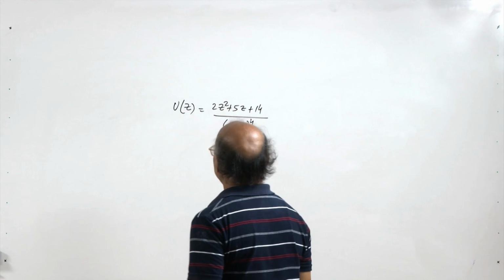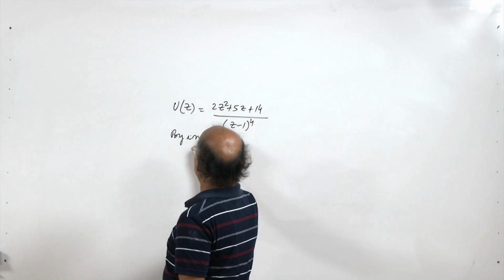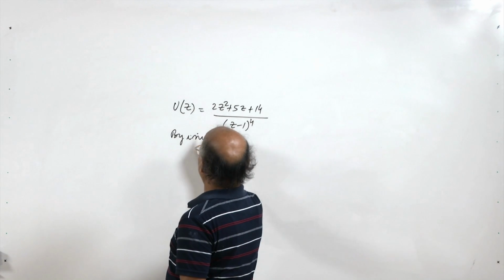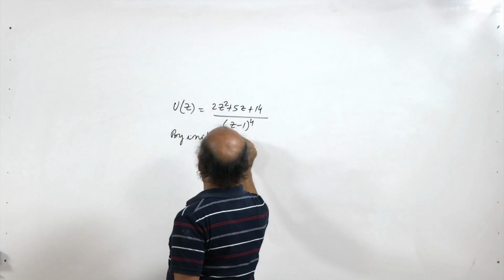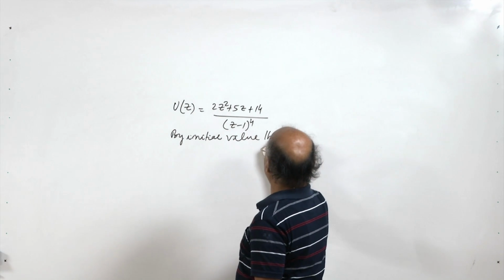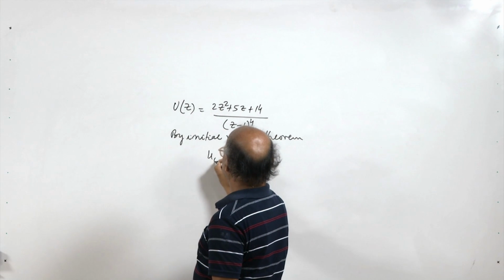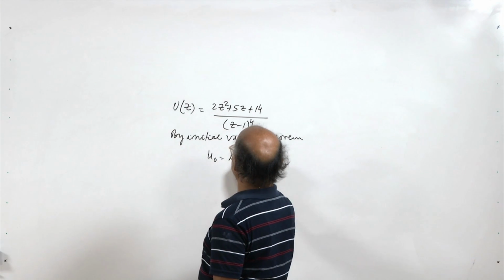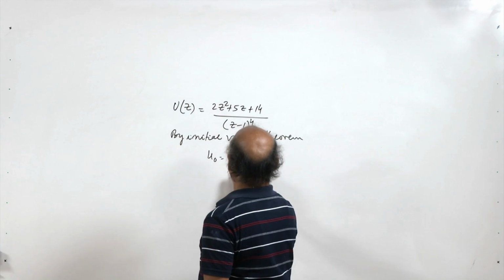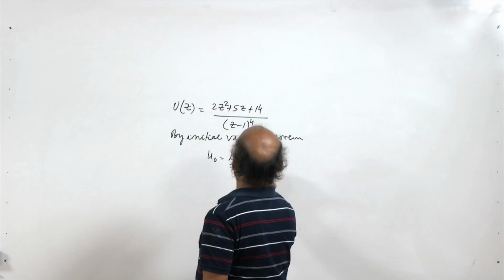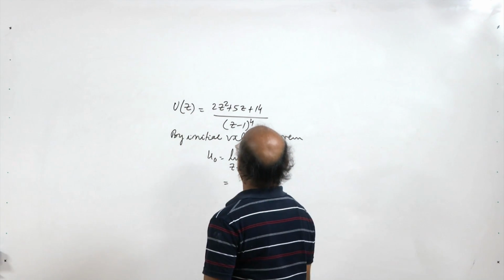And by the initial value theorem, u naught, the initial value of the sequence un, is limit z tends to infinity of Uz.